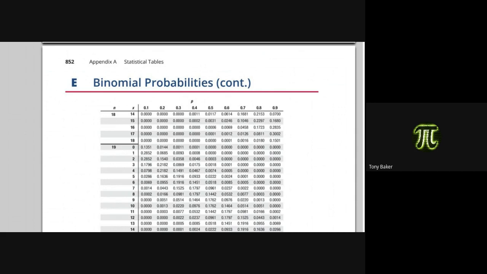So I'm still going to look at 20 people. That's still the 40%. But I don't want to have to do 3, 4, 5 all the way up to 20. I can do 0, 1, and 2 instead.